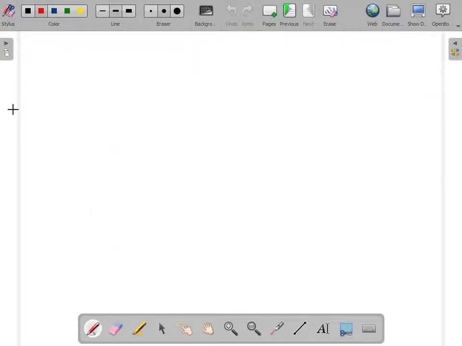Okay, so our problem is we are losing the original text. So what is the solution for that?